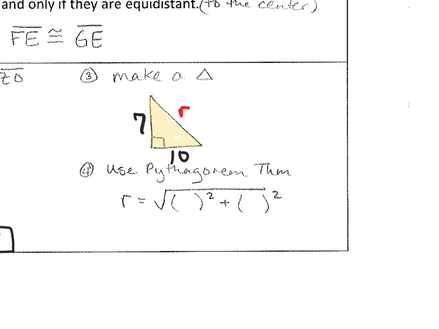Pythagorean theorem, to find r, we're going to do the square root of those sides squared. And at this point, it's when you turn to a calculator. So in our calculator, you're going to put square root. You're going to put parentheses 10 squared plus parentheses 7 squared. Yes, the parentheses are important.